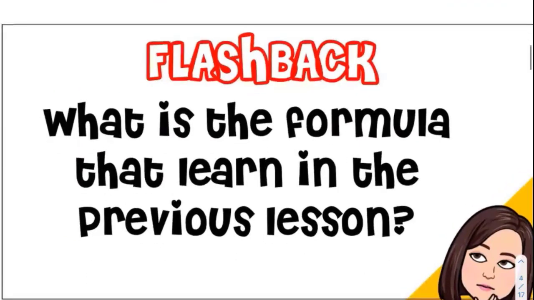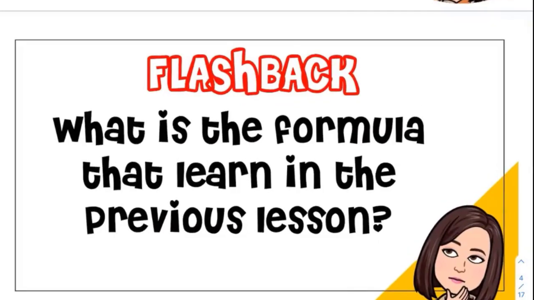So do you still remember what formulas you learned in the previous lesson? You learned a few formulas, right? Tiba, can you give me a formula that you learned? N minus 2 times 180. Yes, (n minus 2) times 180. That is the formula to find what?